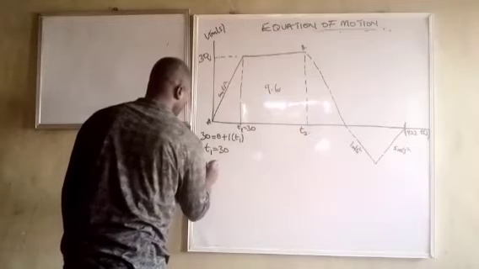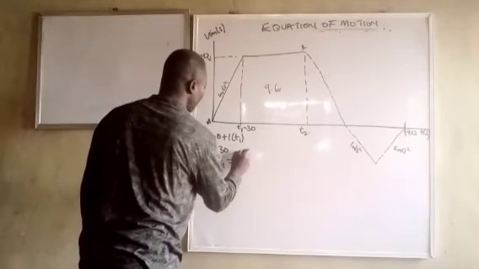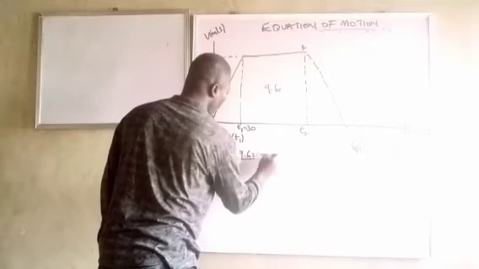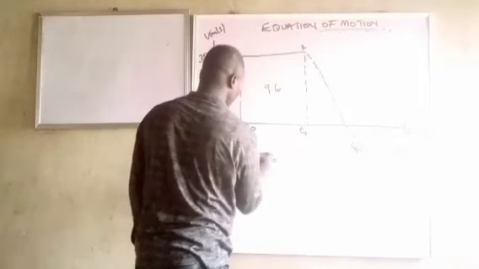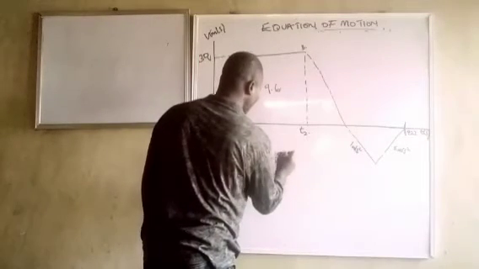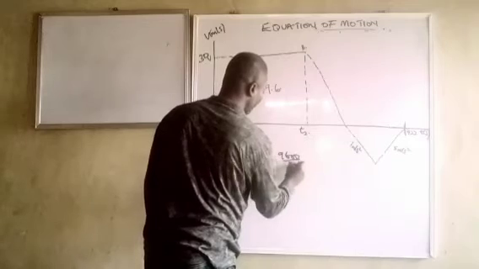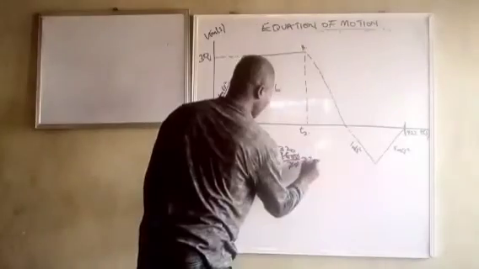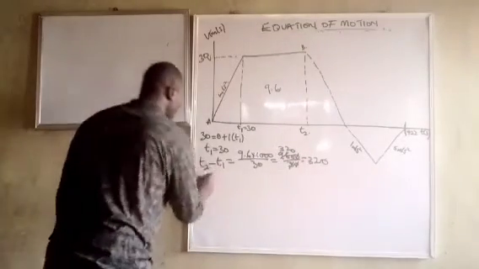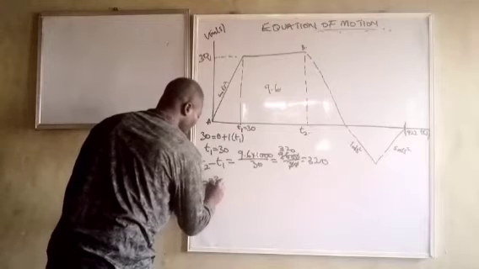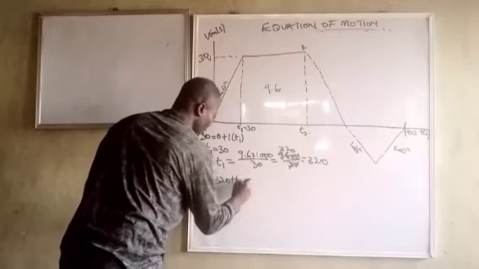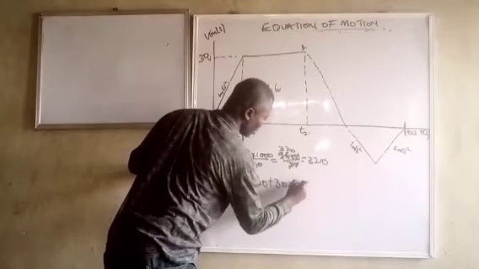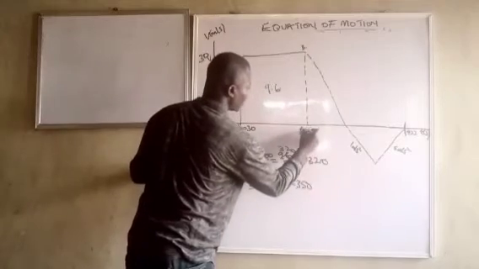So T2 minus T1 will be equal to 9.6 times 1000 over 30, which is 9600 over 30, so 320. And we know our T1 to be 30. So T2 will be equal to 320 plus 30, which is 350. So our T2 is 350.